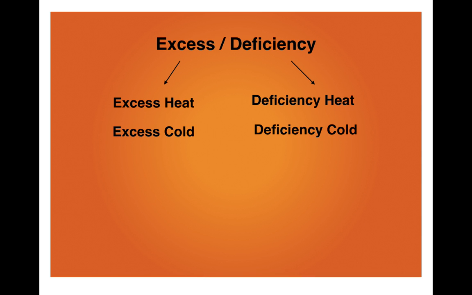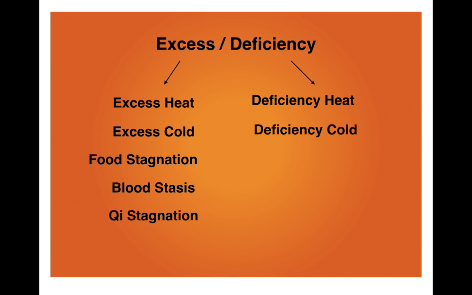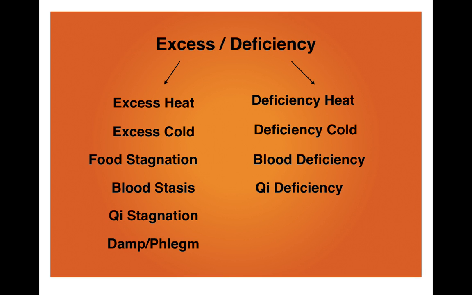We also have deficiency cold. We have food stagnation, blood stasis, and chi stagnation, and then last of all, damp and phlegm. Now, on the deficiency side, we said deficiency heat is yin deficiency, deficiency cold is yang deficiency. Then we have blood deficiency, we have chi deficiency, and that's pretty much it.